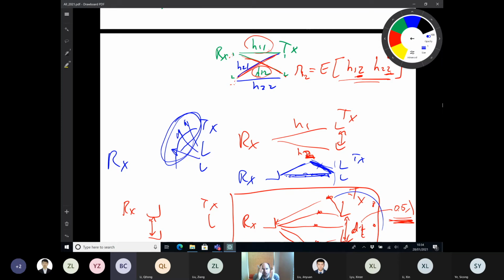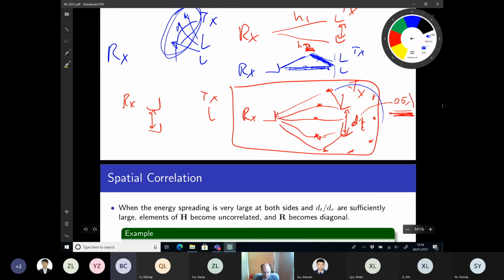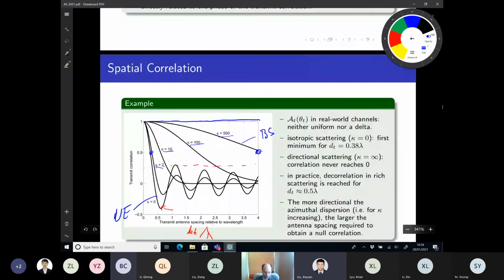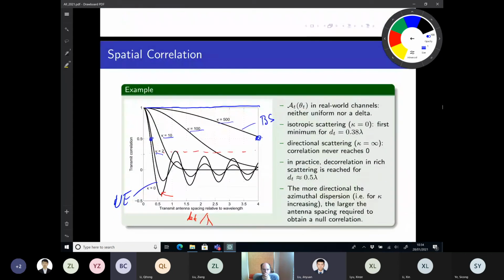And k being very large would mean the angle spread equal to pi. So there is a kind of direct relationship, if you like, between k and the angle spread. That's what it means. Okay, so I guess if we increase the k, it should decrease the angle spread. Sorry. If you increase k, you decrease the angle spread. Yes. Sorry. Yes.